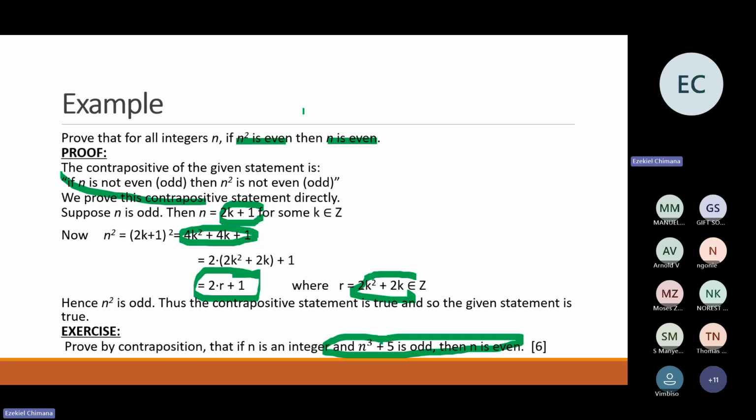I don't know if you are getting me there. It's loud and clear. It's just that you have the contrapositive and the original statement. You can go through the contrapositive way. It must be the same as going through the actual way of proving, maybe by the direct proof.